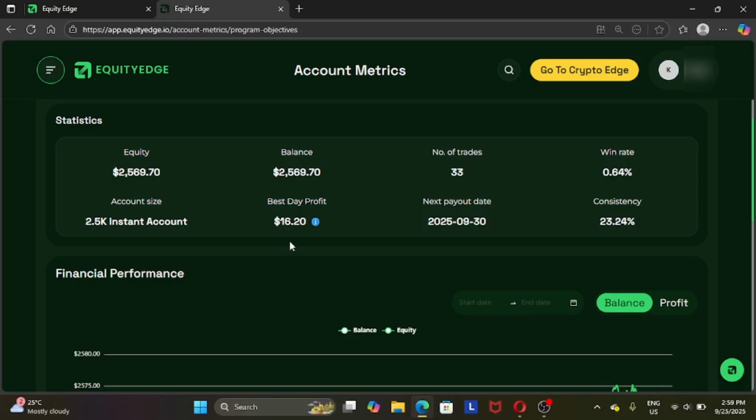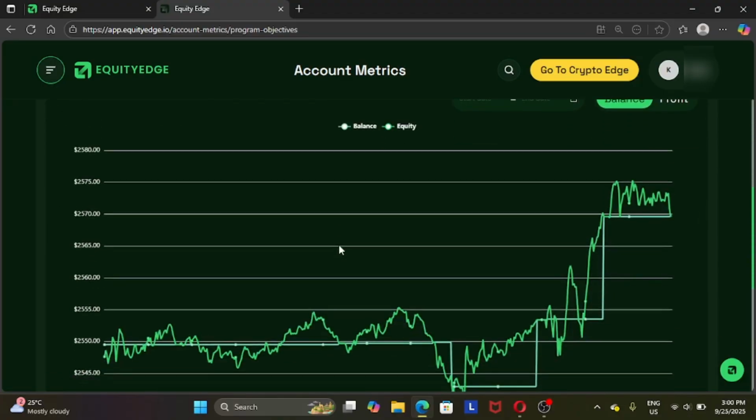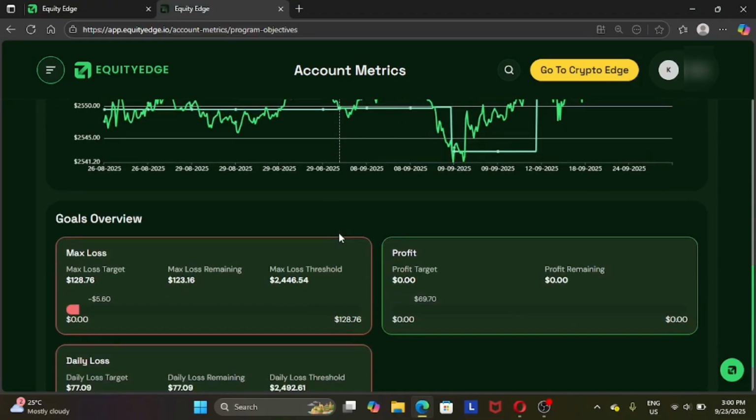With me targeting $200, I can get a best profit day of $30, and when I get to 200, I will be at 15%, which is the required consistency score. Right now at this rate, if I reach 700 with this best profit day, my consistency score will probably be below 10. So without trailing drawdown, I'd probably be increasing risk at this point because I've got a buffer to work with.